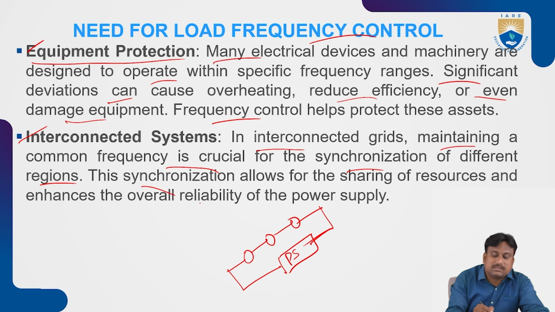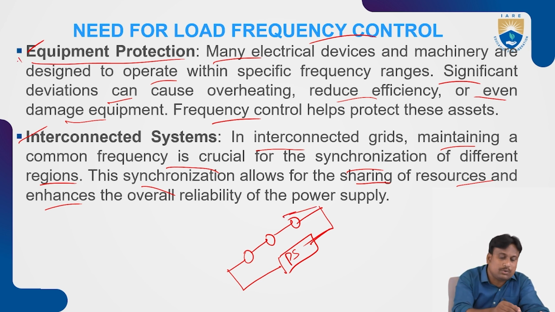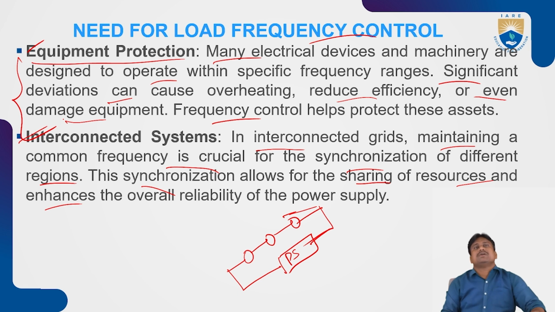Synchronization allows for the sharing of resources and enhances the overall reliability of the power system network. Likewise, these are the two key important parameters which function for smooth operation of the power system network in an interconnected manner and an equipment protected manner.